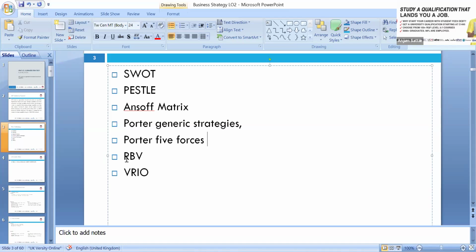Today the key focus will be on the RBV, the resource-based view.